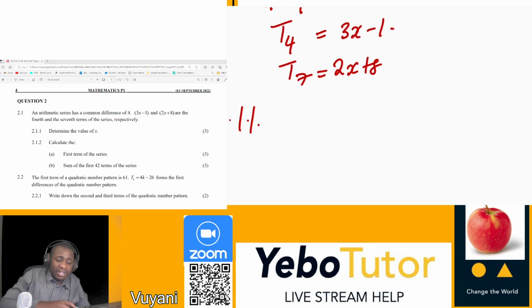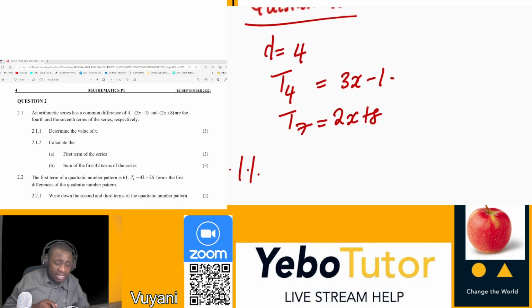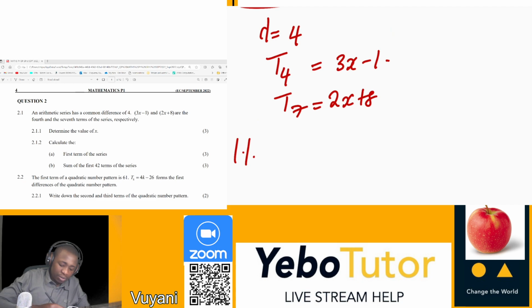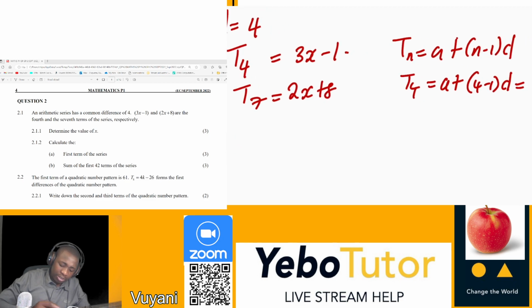So in order for everything to be nice, since we are given our d, we know that if we have our original formula, tn is equal to a plus (n minus 1) times d. So for t4, this is a plus (4 minus 1) times d, which is equal to 3x minus 1. Let's actually do it so that it can be more fun.